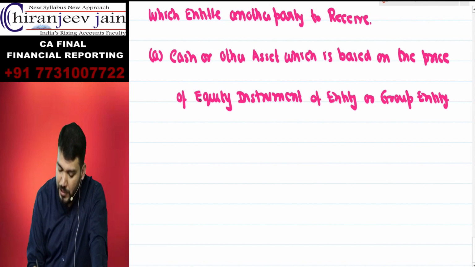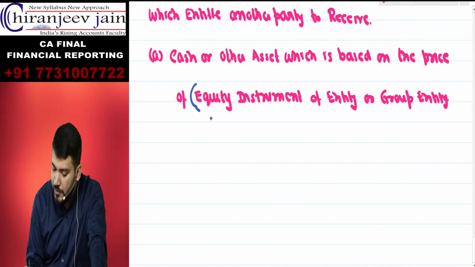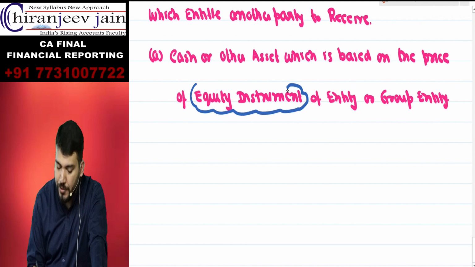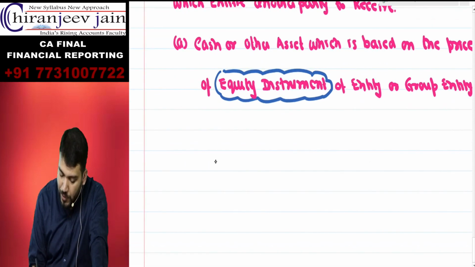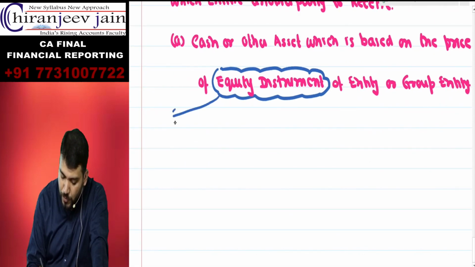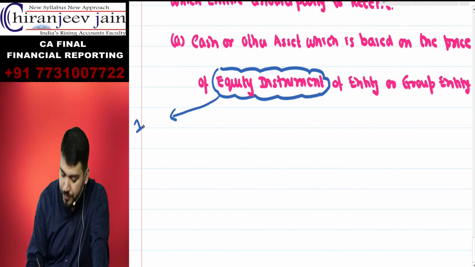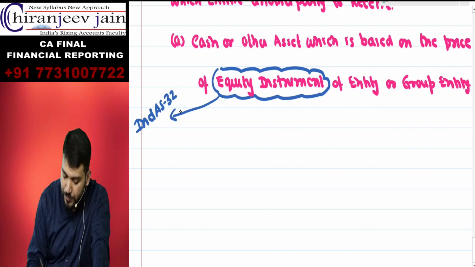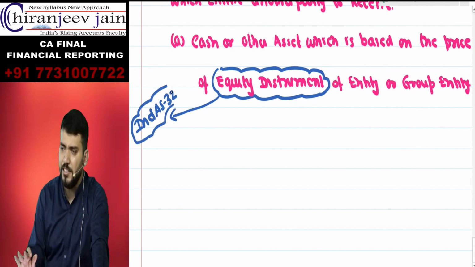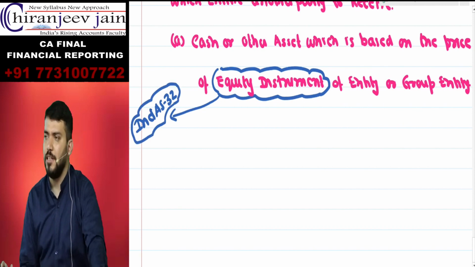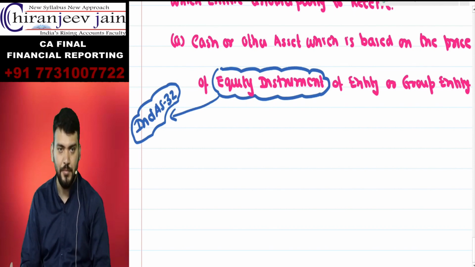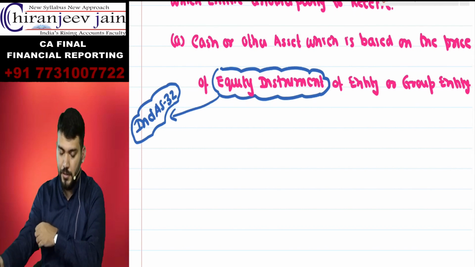When I am saying equity instrument, one of the examples is equity shares, but it can be more than equity shares. For equity instrument, we need to go to Ind AS 32, what is the meaning of equity instrument. For this chapter, we can assume it is equity shares because every question is based on equity shares only.